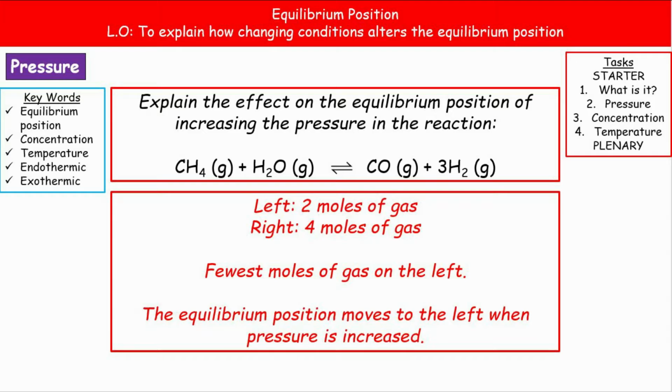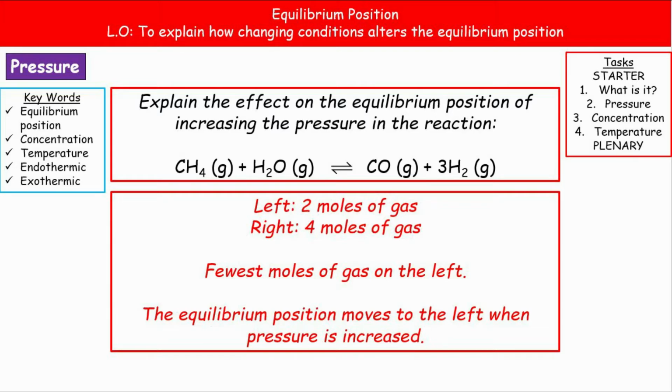We can identify then that we've got the fewer moles of gas on the left hand side, 2 compared to 4. So when we're answering this, we need to say that the equilibrium position moves to the left when the pressure is increased, because the left has fewer moles of gas than on the right.